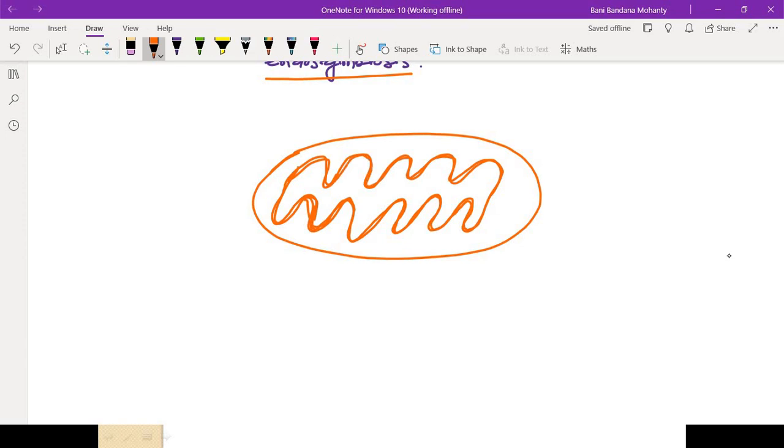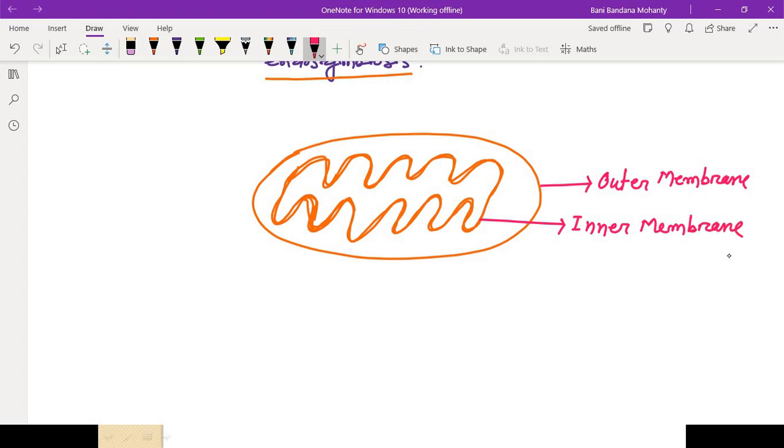This one is the outer membrane. This one is the inner membrane. This is the enfoldings, and the enfoldings of the inner membrane are called cristae. Mitochondria have their own DNA.